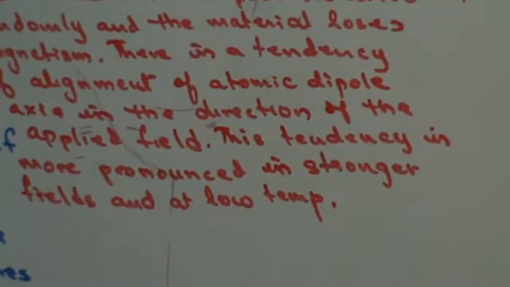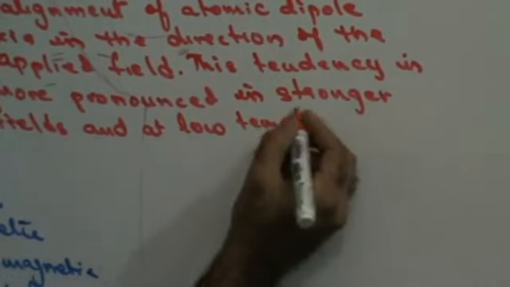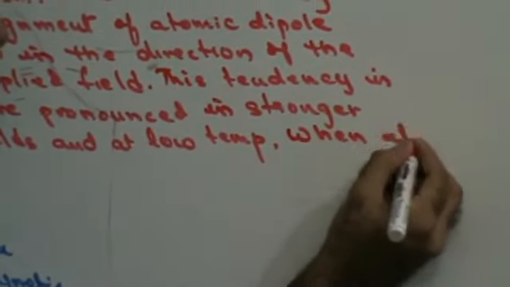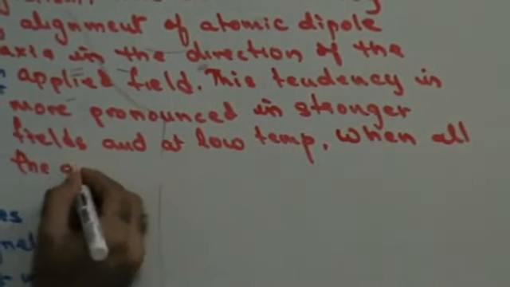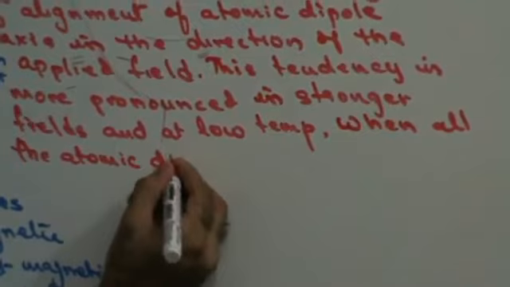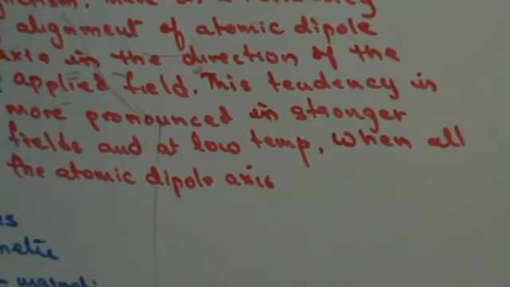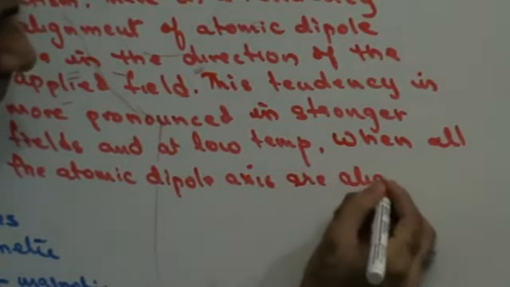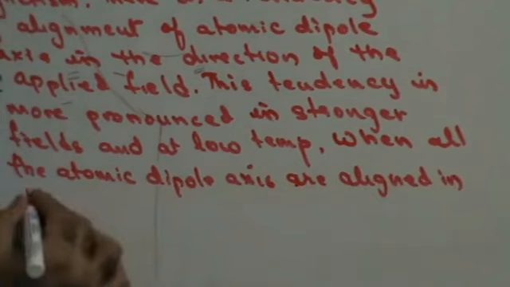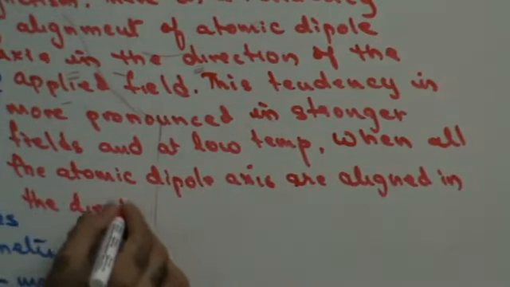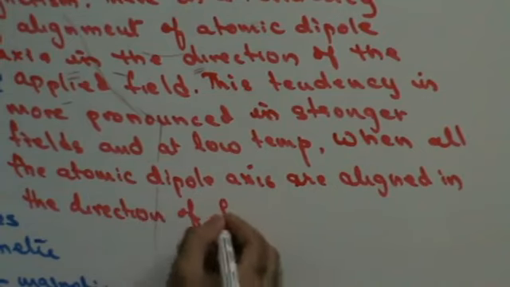So I can say that when all the atomic dipole axes are aligned in the direction of the field, the substance achieves maximum magnetization.